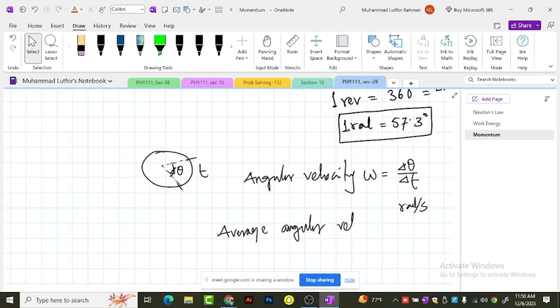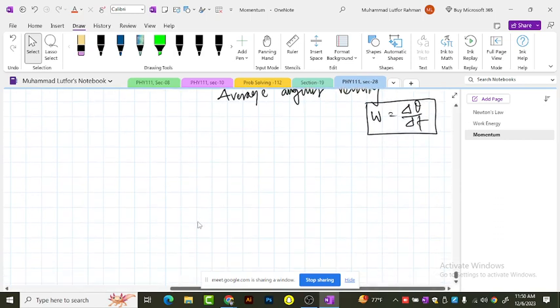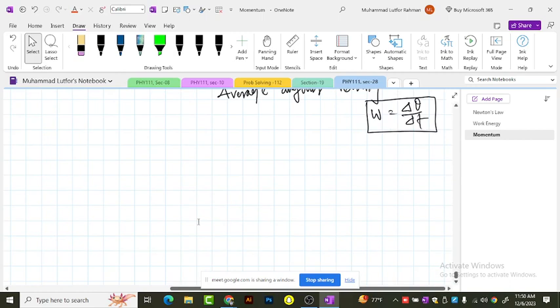This is also called the average angular velocity, because I am taking del theta divided by del t. We can also find the instantaneous angular velocity.